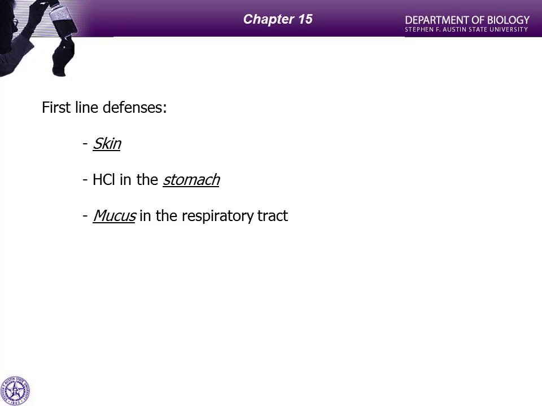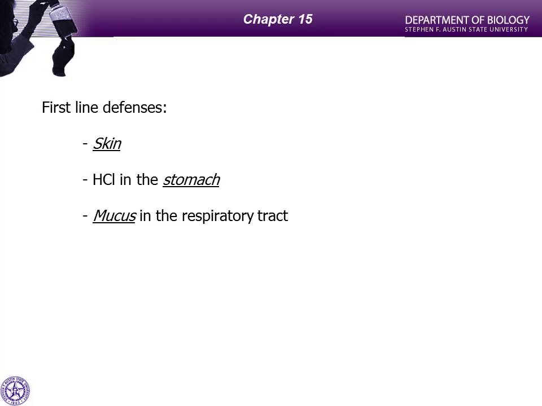What about the respiratory tract? You can breathe in stuff all the time. Well, we have cells that line your respiratory tract that secrete mucus, the sticky, nasty material, so pathogens get stuck in the mucus. We also have cells that line your airway that have cilia. These cilia beat upward, so the pathogens stuck in the mucus are moved up to your pharynx, larynx.